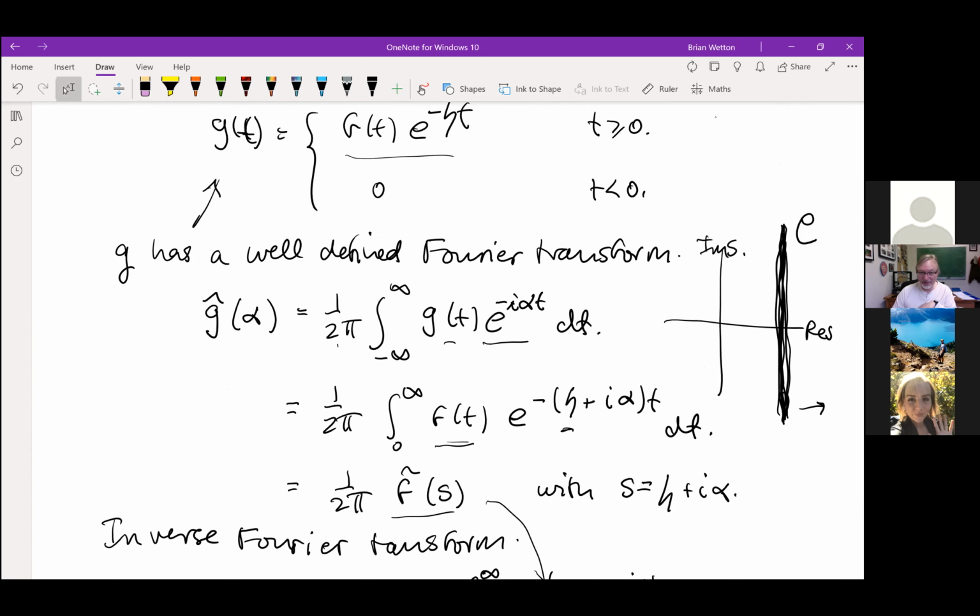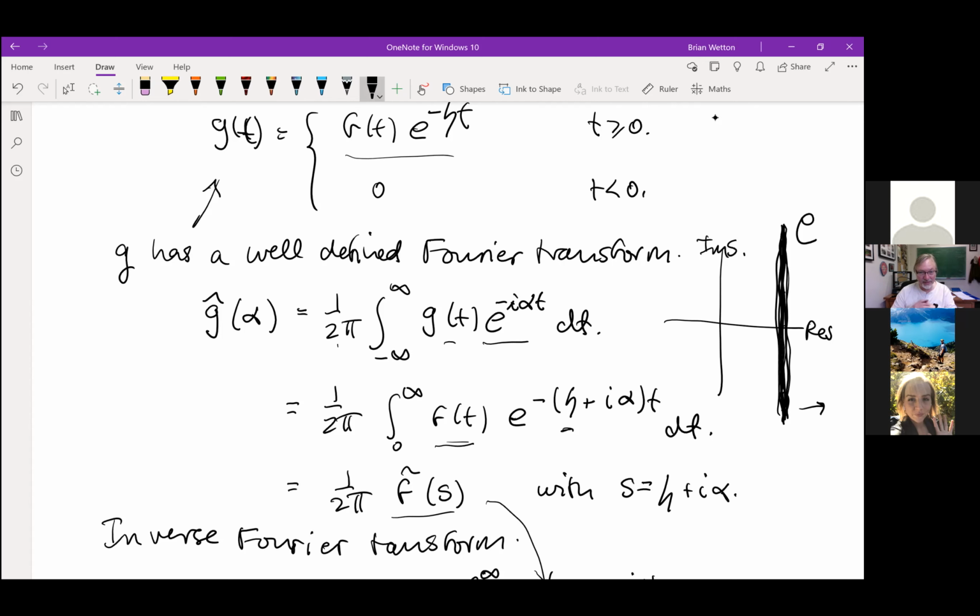If you want to go beyond transform, you can find it in tables, right? But if you want to have a theoretical understanding of the Laplace transform, it is something which you define on a contour that's far enough to the right in the complex plane so that you dampen out any exponential growth that you have in the solution.